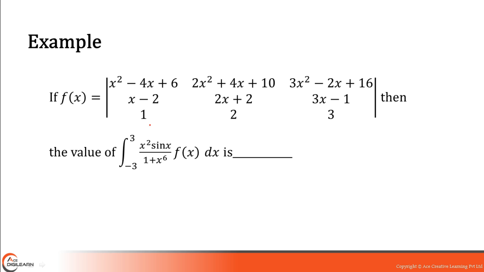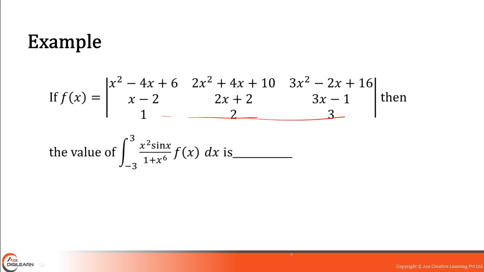The third row contains the elements which are the derivatives of the elements of the second row. So the derivative of x minus 2 is 1, the derivative of 2x plus 2 is 2, and the derivative of 3x minus 1 is 3. And one more thing you can observe, the second row elements are the derivatives of the elements of the first row.